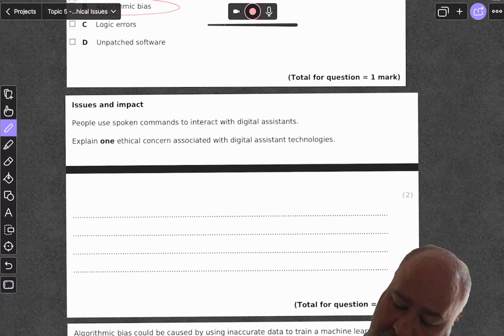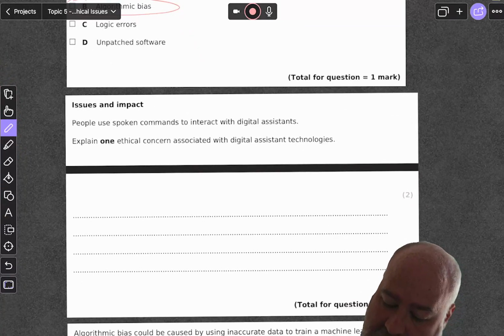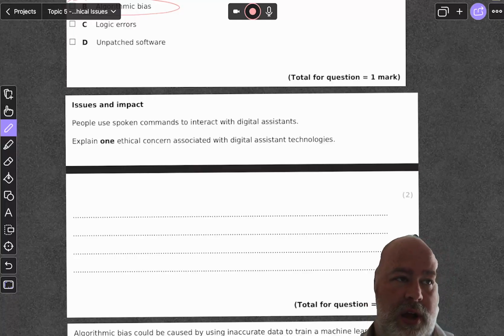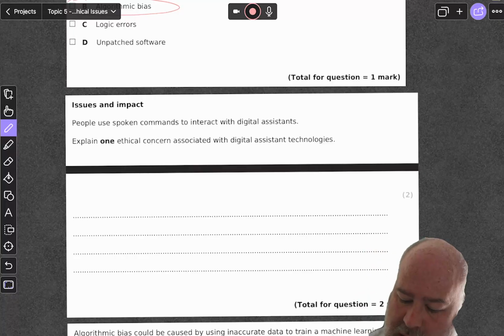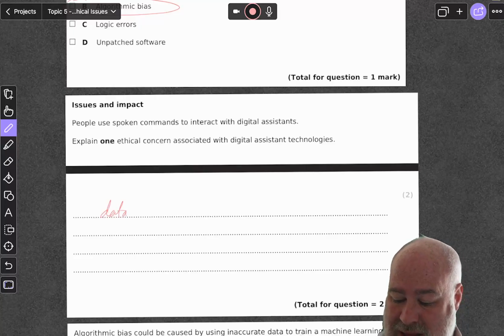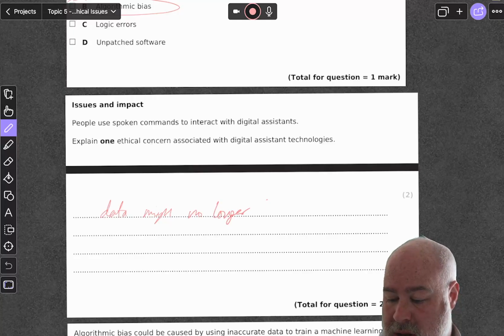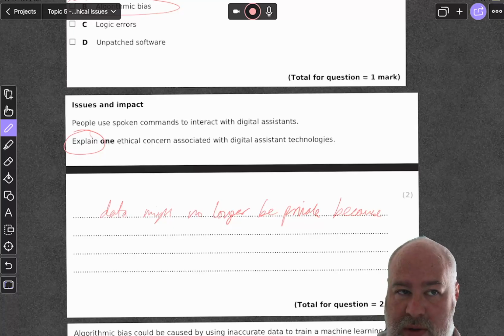People use spoken commands to interact with digital assistants. What is one ethical concern? Okay, so you could say data might no longer be private because, remember this is an explain question, because companies may share it.